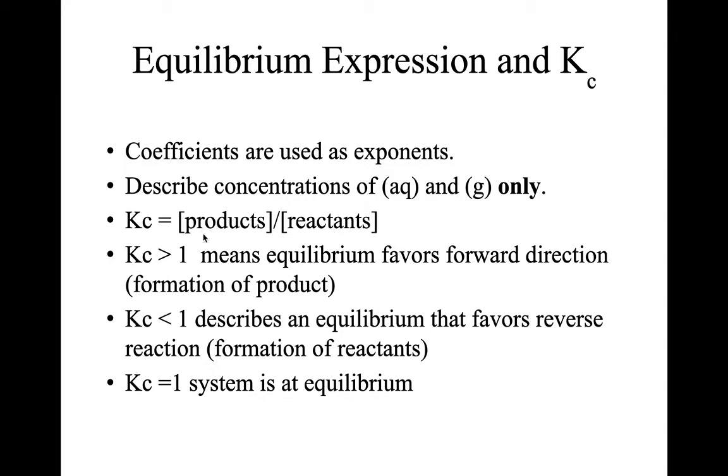So each product we have gets written in square brackets along with an exponent that's given by its coefficient in the chemical reaction. It's always products over reactants. We always have to use these square brackets to show concentration, and we only need the aqueous and gas phases because these are the only two places where concentration makes sense.